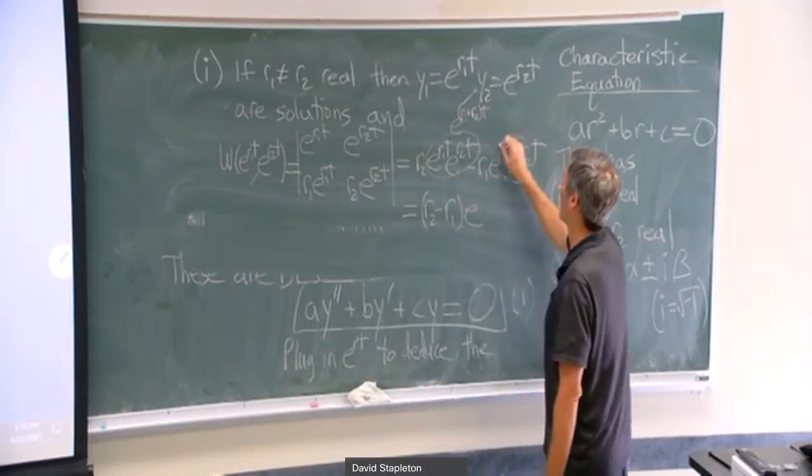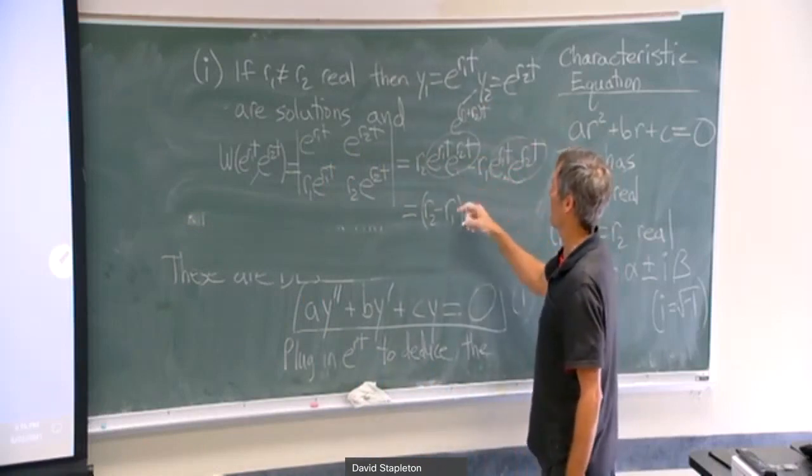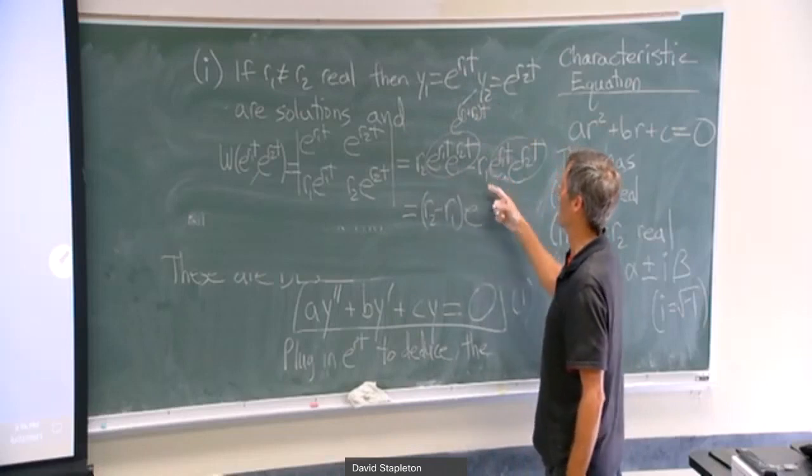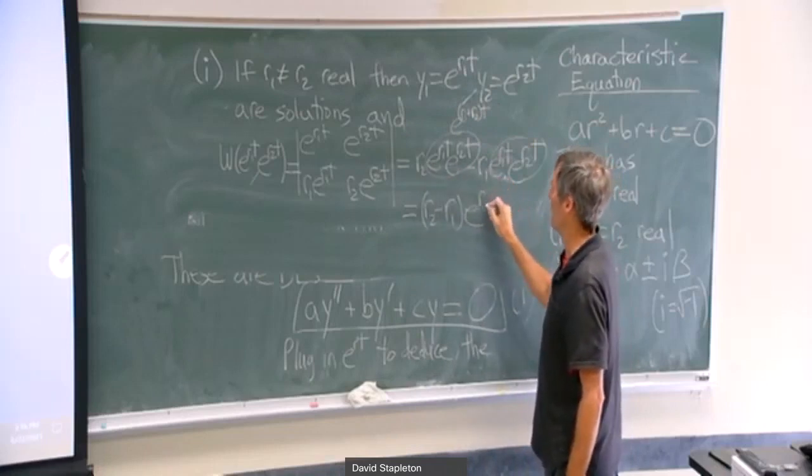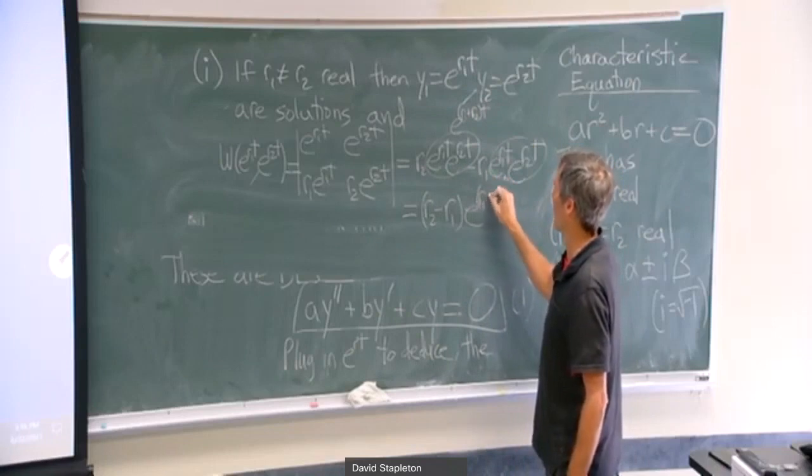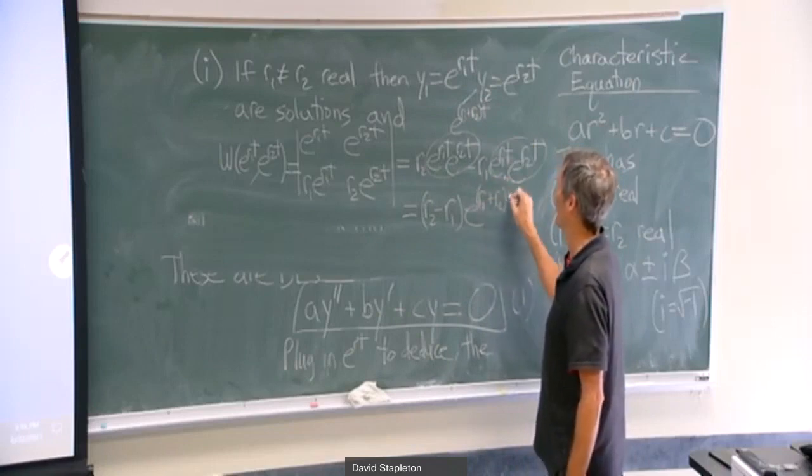And same thing here. And so what you have is r2 times that minus r1 times that is r2 minus r1 times e to the (r1 plus r2)t.